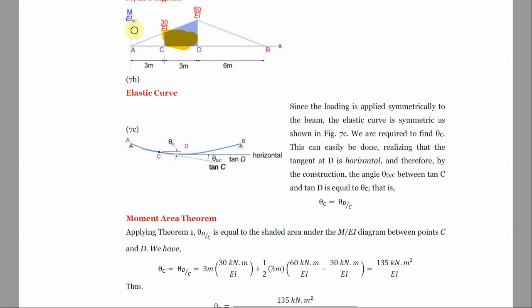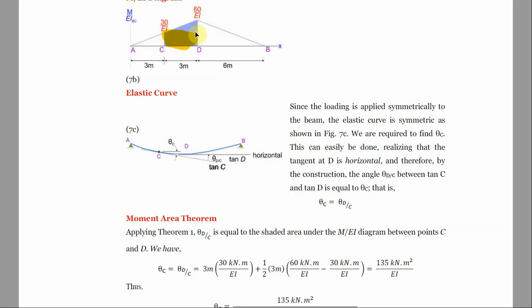So we're going to treat it as such. Let's treat the rectangle first. This height is 30 times 3, which is what we have here, plus the other one.